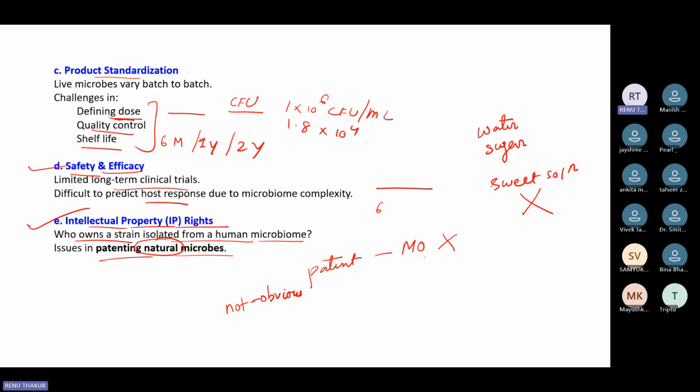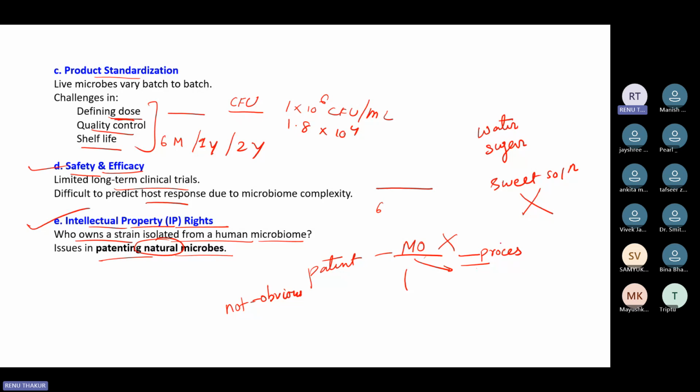Apart from that, you cannot patent any kind of natural thing. No microorganism you can patent, no natural plant you can patent. Yes, you can patent if you have genetically altered the microorganism. You can also patent the process of anything which you are doing.